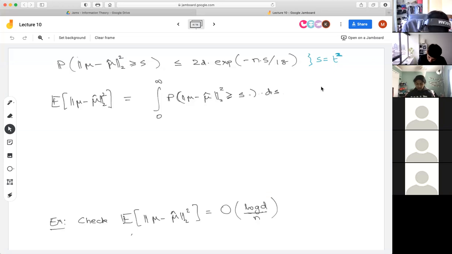Once we have this, we can just use our tail bound. So let's say we break this integral into 2 parts, from 0 to u and from u to infinity.